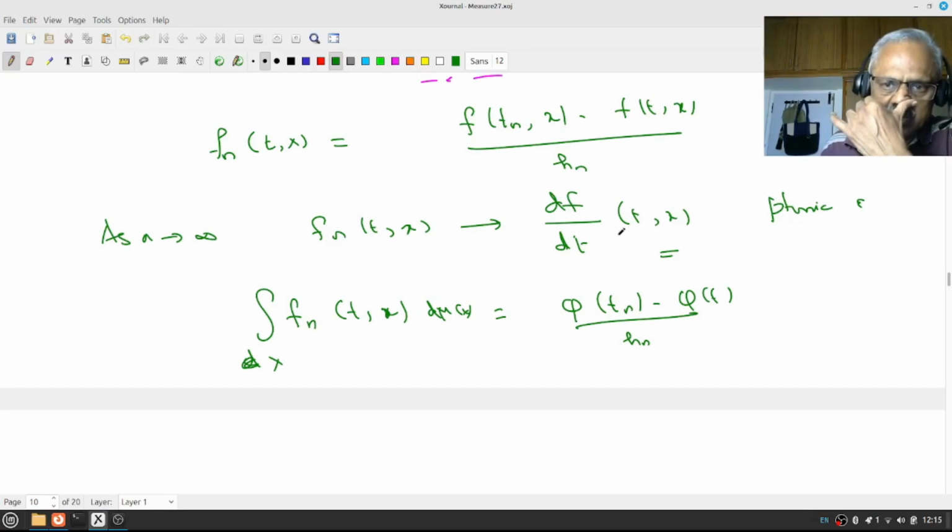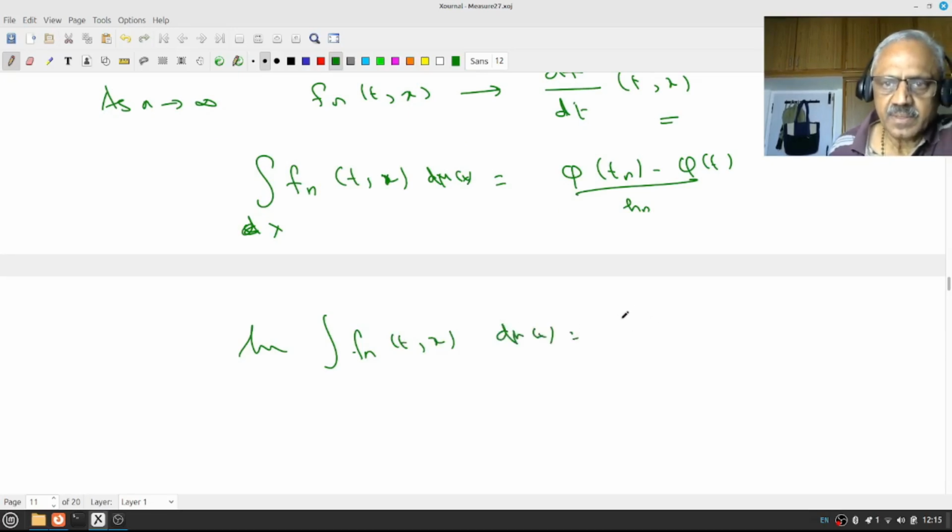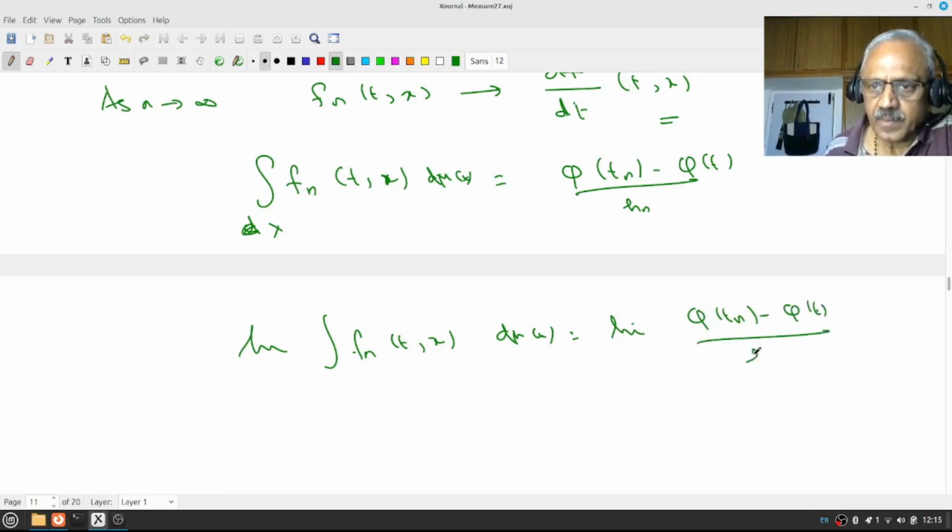Therefore, the integral converges to the integral of the limit. So I want to say that the limit of the integral of fn at t comma x d mu x, which is nothing else than the limit of phi of Tn minus phi of t by Hn, goes to the integral of this limit, which is df by dt of t comma x.